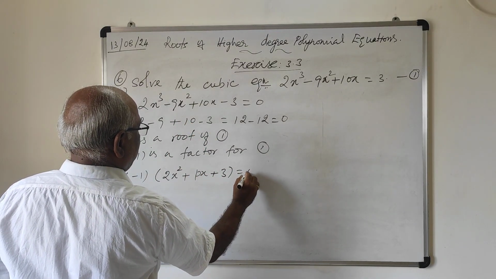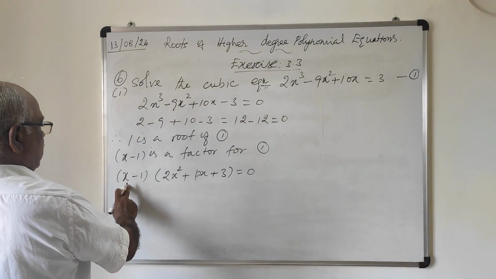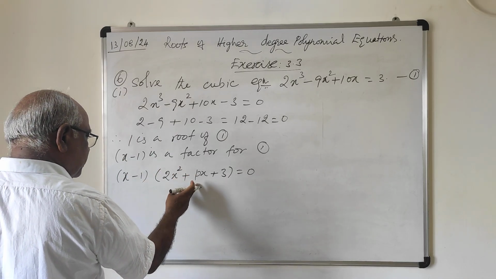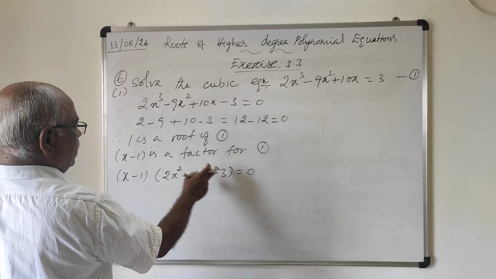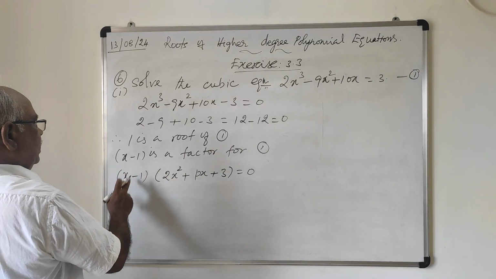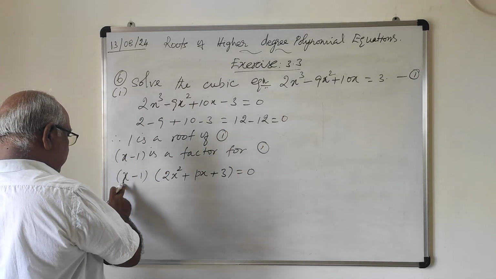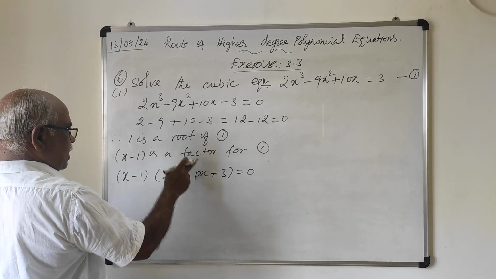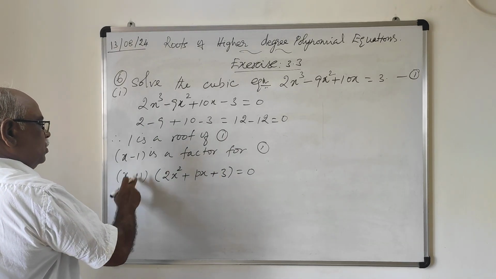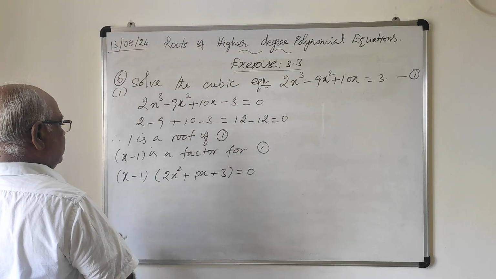The x square into x gives 2x cube, and the constant term is minus 1 into plus 3, which is minus 3, as in the equation. Like that you have to define the other factor. Therefore, this is the other factor.